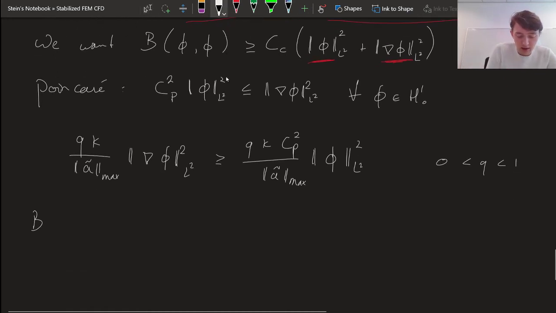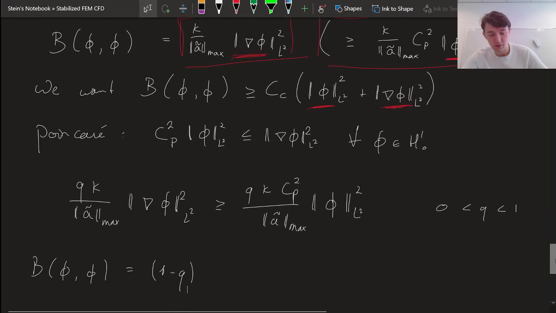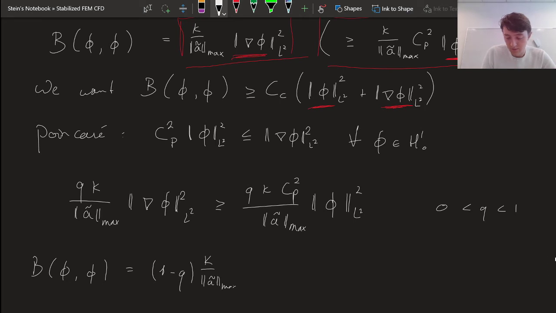So we have now b of phi comma phi is going to be equal to 1 minus q times what we have, times kappa, and so that's what we still have from our original expression, and now we have used Poincare on only the fraction q, which gave us, so now it's going to be larger than or equal to, this additional part.